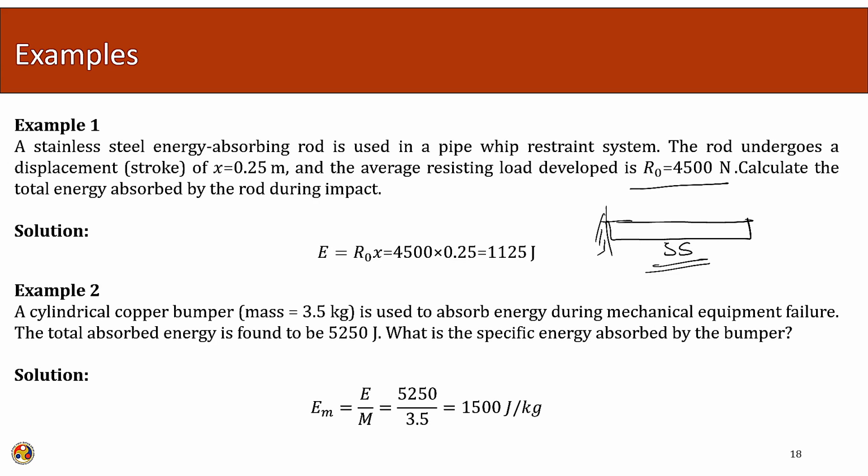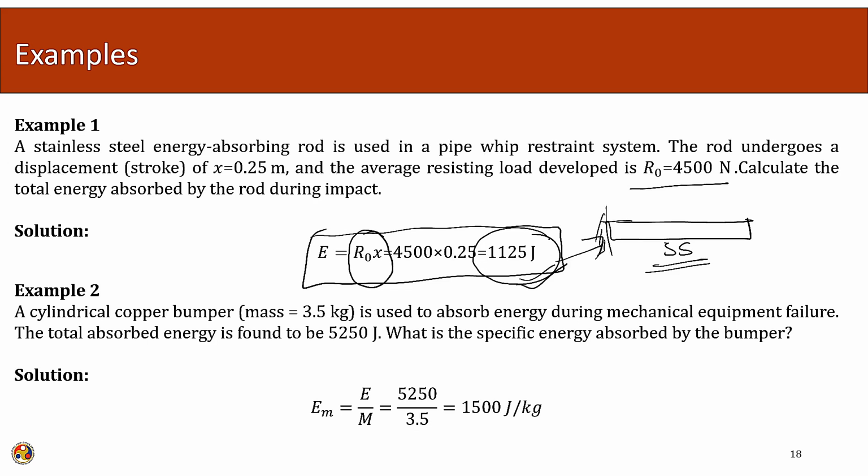Calculate the total energy absorbed by the rod during impact. The total energy absorbed is given by the average reaction force times the stroke length. So, the total energy absorption by this system is given by this particular expression.